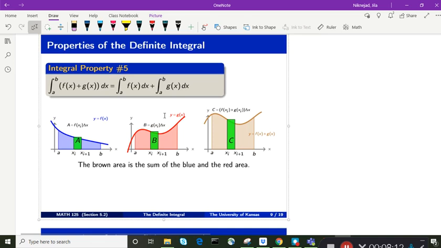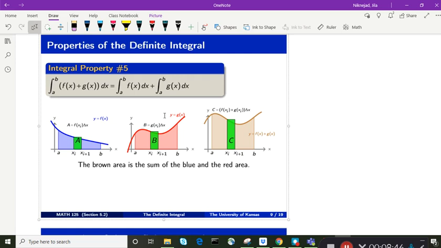And this comes from the fact that every time you're building up an f of x plus g of x function, both f of x and g of x are being integrated over the same interval, and then the summation of them is integrated over the same interval as well.